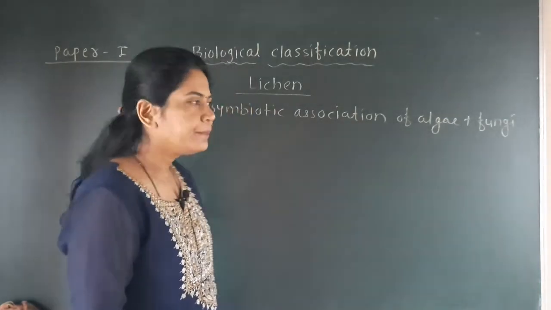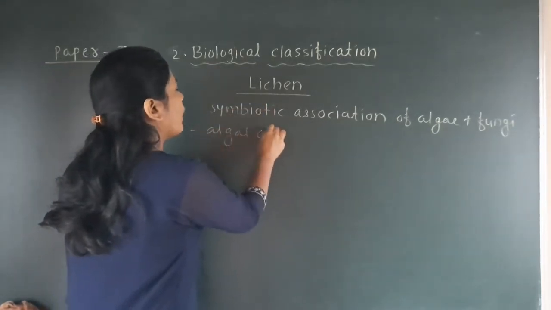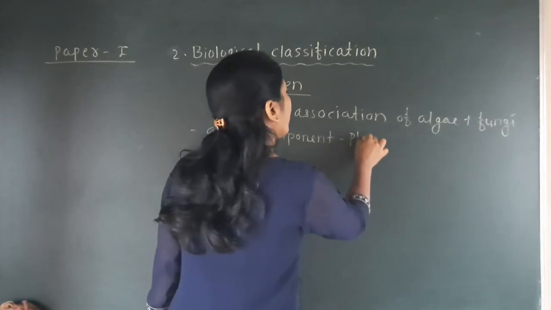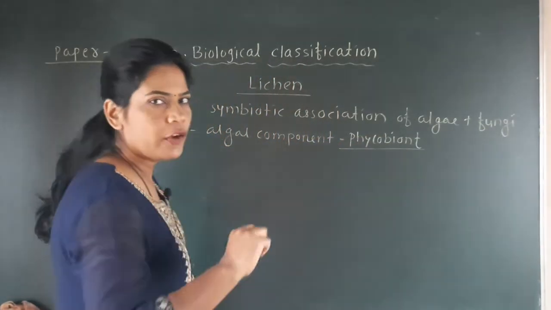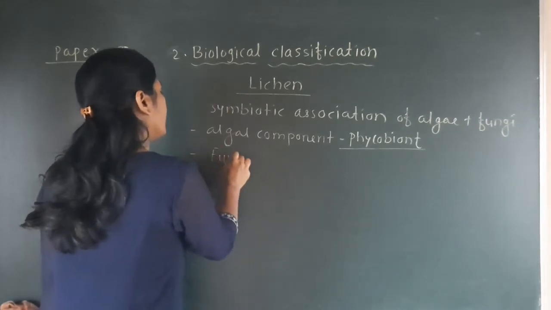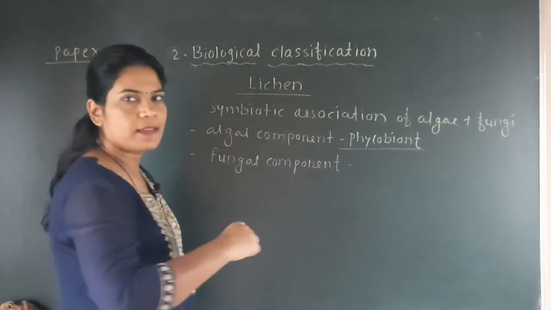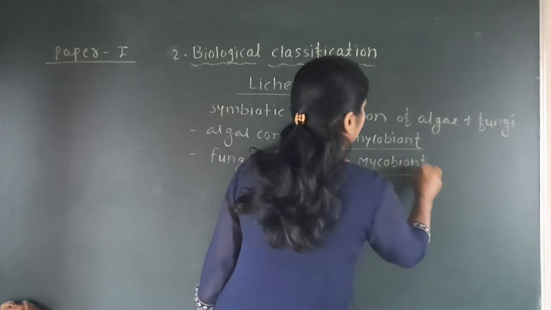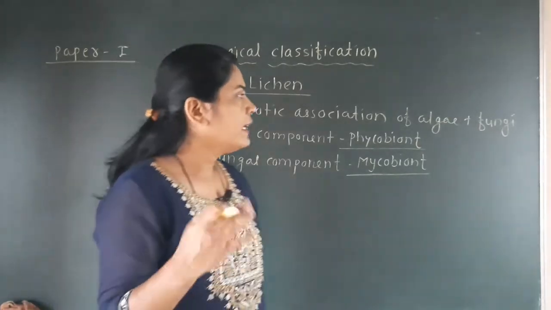In this association, the algal component of the lichen is called phycobiont, and the fungal component is called the mycobiont. So it is very important that lichen is an association of the algae and fungi.